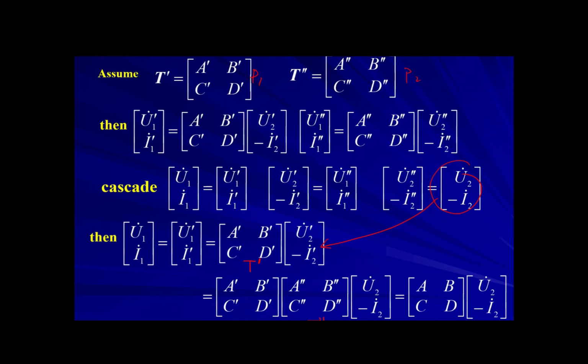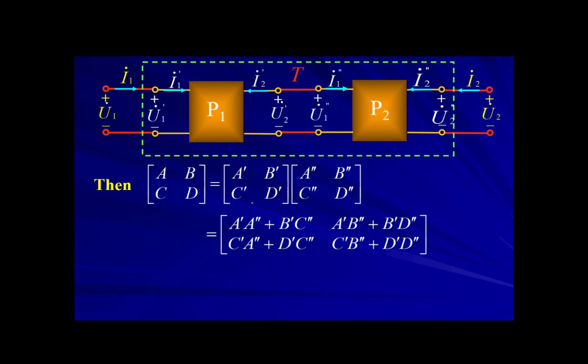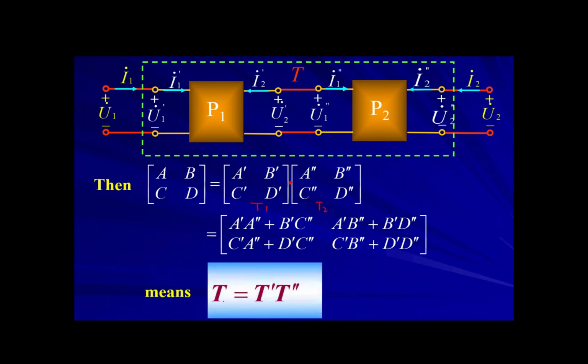This is T sharp 2, this is T sharp. So when the circuits are cascaded, the total T parameter will be T1 and T2 multiplied together. The total T parameter when cascaded will be the matrix multiplication of T1 and T2.